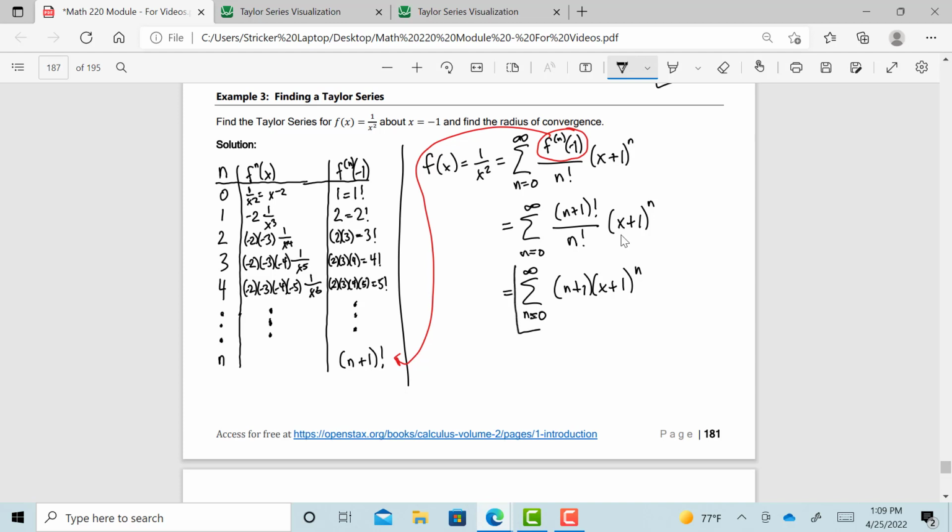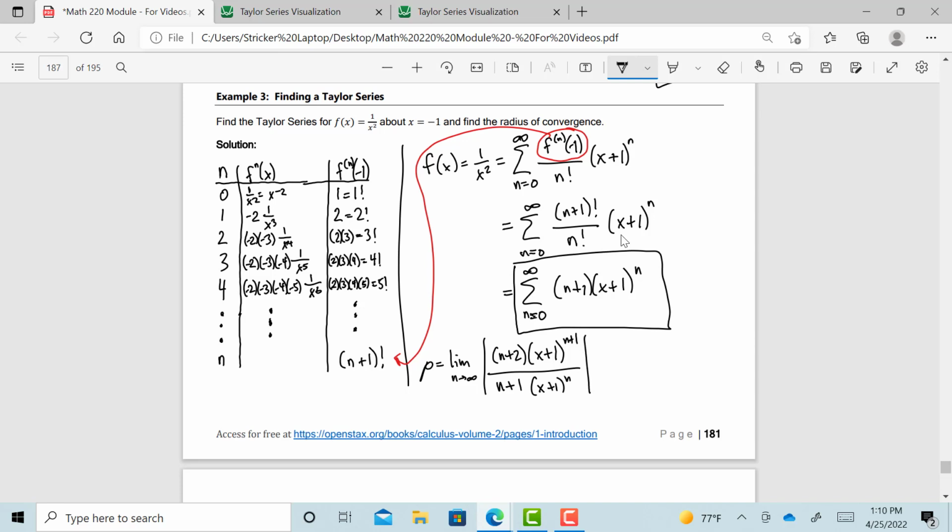And that's our Taylor series. Okay, now we do need to find the radius of convergence. So rho is equal to the limit as n approaches infinity of (n plus 2) times (x plus 1) to the n plus 1 over (n plus 1) times (x plus 1) to the n.